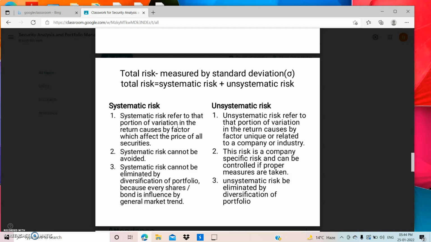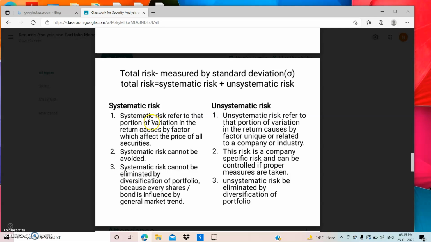The expected was 30, but you have received only 20% return. That means there is a 10% loss. That 10% can be categorized as variation, or you can categorize it as a loss, a kind of risk.